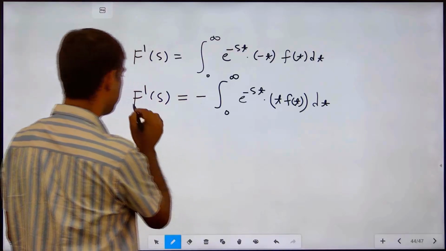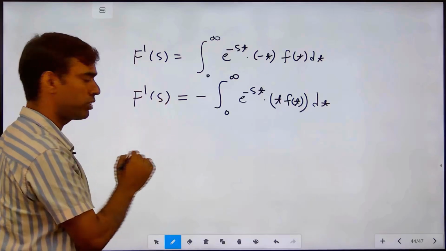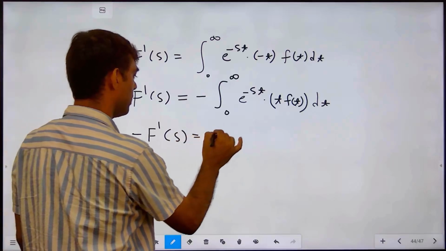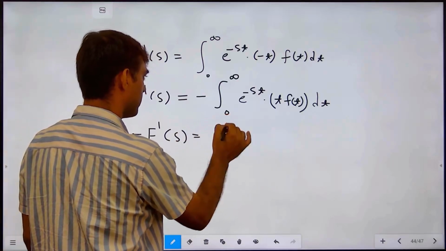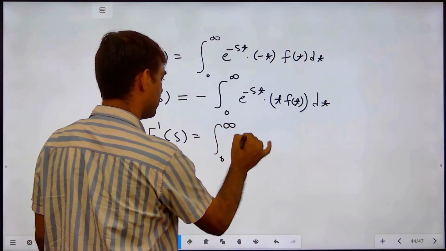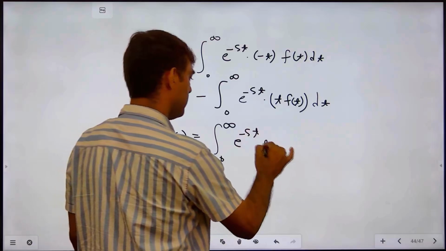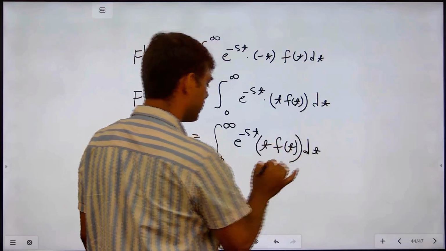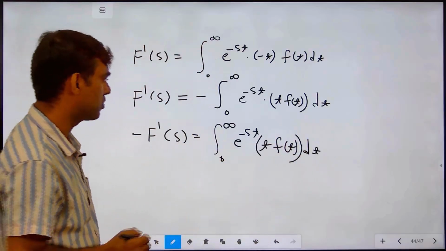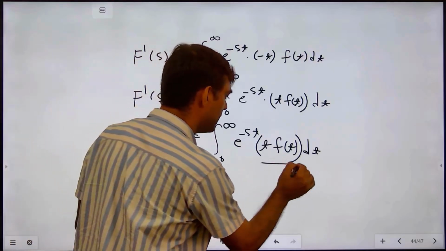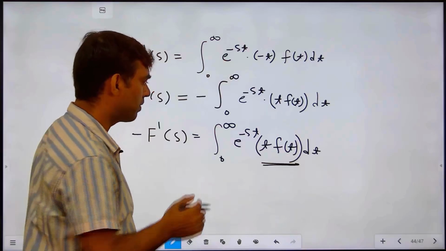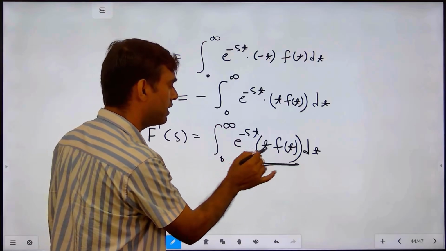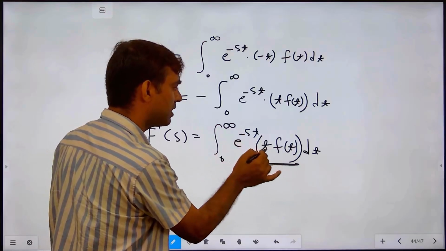If we multiply by minus 1 on both sides, this becomes minus F dash s equals the integral from 0 to infinity of, minus minus becomes plus, e to the power minus st t f(t) dt. Now, using the definition of the Laplace transform, this is nothing but the Laplace transform of t f(t), because the Laplace transform of any function g(t) is the integral of e to the power minus st g(t) dt.